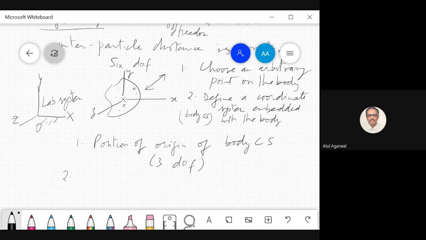So if you can tell the position of the origin and the orientation of these lines, the orientation of the body axes, if you know these two things, you know the position of each point in space.